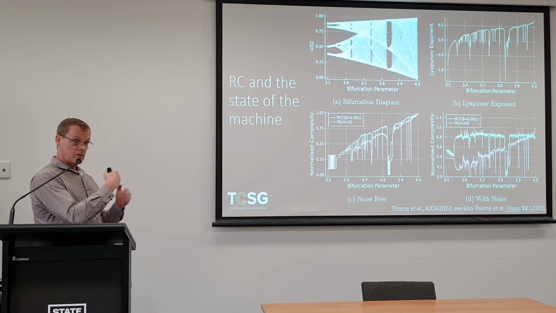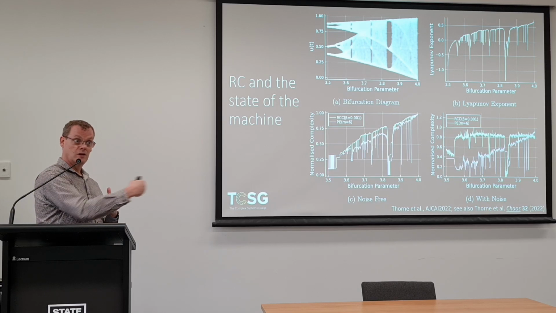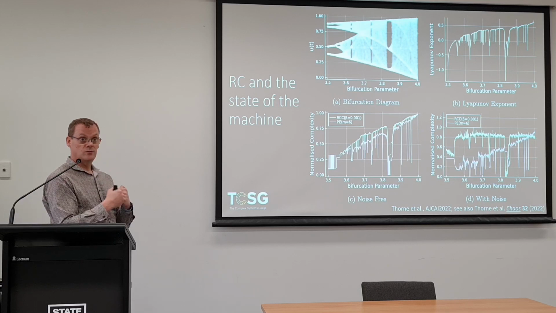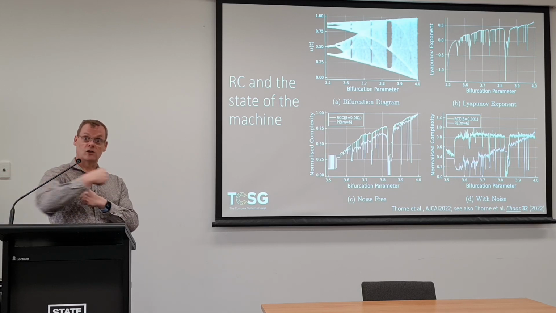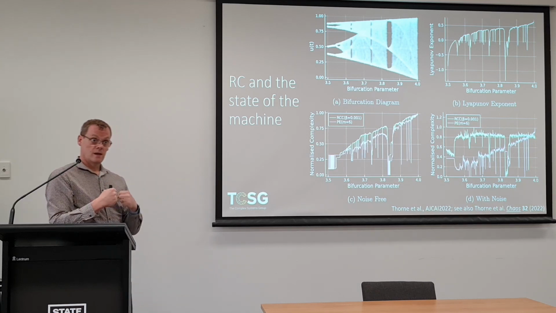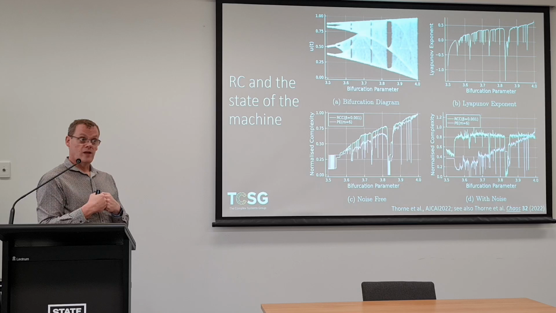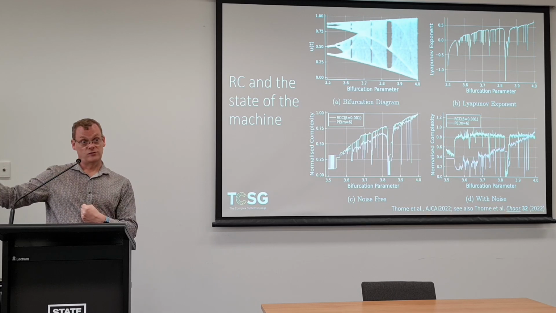One of the things that reservoir computers do is they have this recurrent property. They remember their past states. Mathematically, this means that if we feed in a time series, a series of observations, it remembers the previous observations. And that means that when it comes time to build a model, you're building a model not just of the current state, but of the previous states that were in there before.